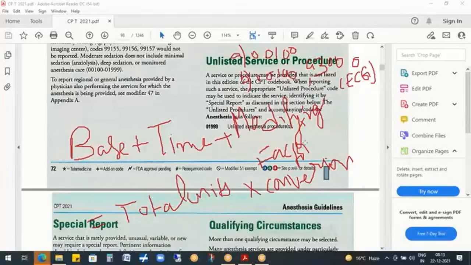Is that clear for everyone? Have you written that formula? Okay. Now write down the next point.